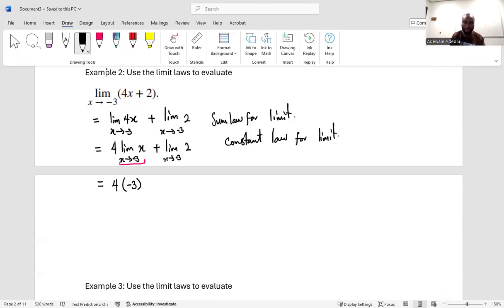Then multiply by 4 plus, this is a constant function too. So the limit of our constant function 2 as x goes to -3 will always be 2, wherever x is going to. So in the end, we have negative 12 plus 2, and our answer is negative 10. Done.